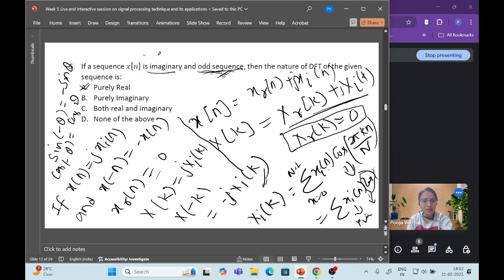So you get only purely real, not imaginary, so no imaginary part will be there. If you put the X_I(k) values, the minus j will cancel out, so you get only the real part, purely real. So option A is the correct answer, not B.